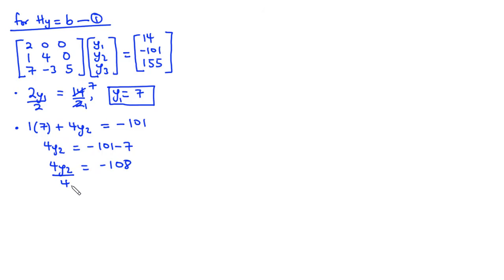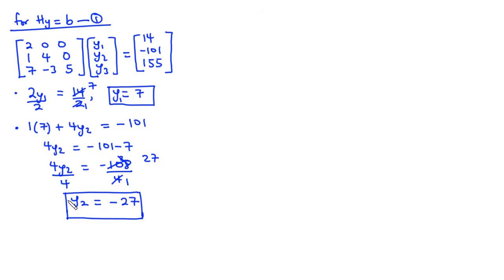So we divide through by 4, and then we have y2 equal to, 4 goes into 10, 2 times remainder 2, 4 goes into 28, 7 times. Therefore we have negative 27. That is the value of y2.